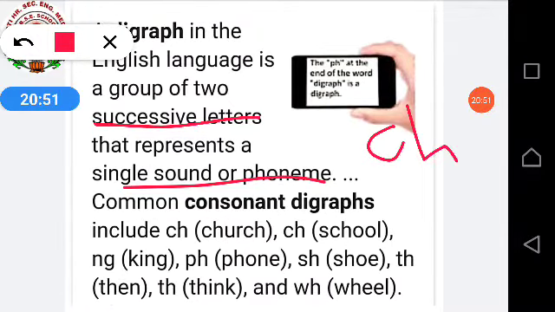It can be CH, it can be PH. Okay, like see, CH in church, single sound CH. So in church, are we saying a different word? No, we are saying church. So that CH is coming in that. School, here also CH is there. School we are saying, or are we saying skuchul? No, school. So that CH here also has the same sound.